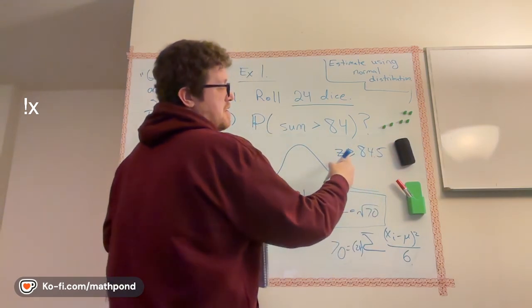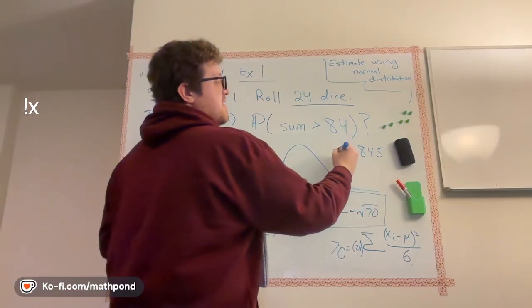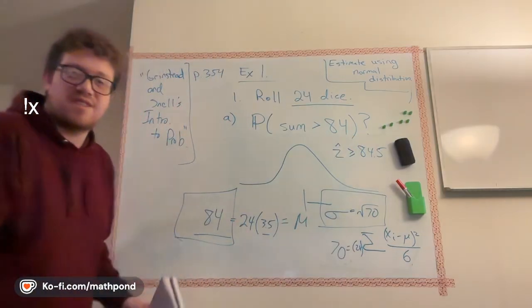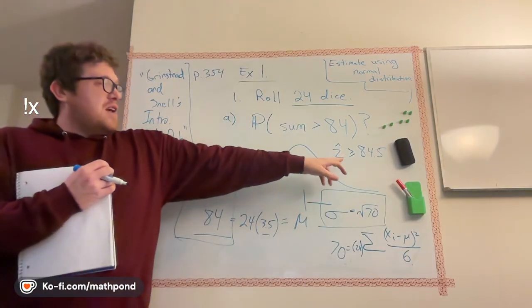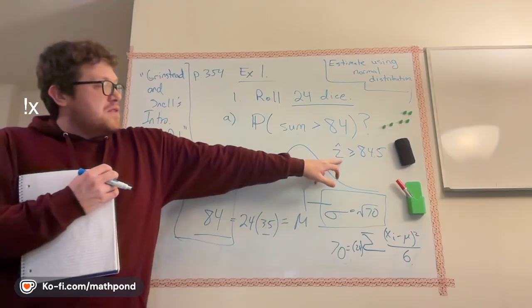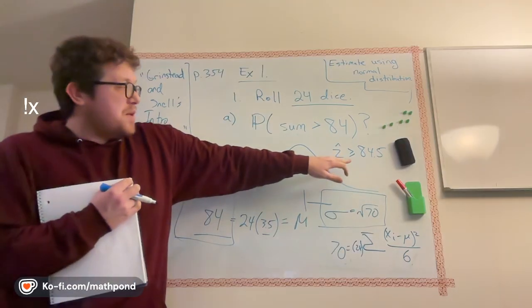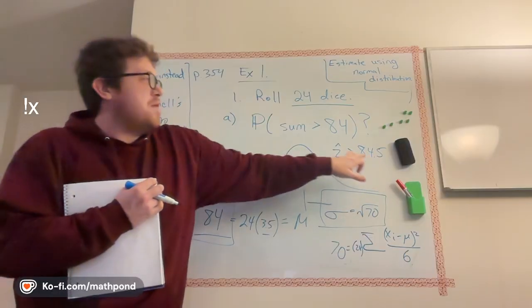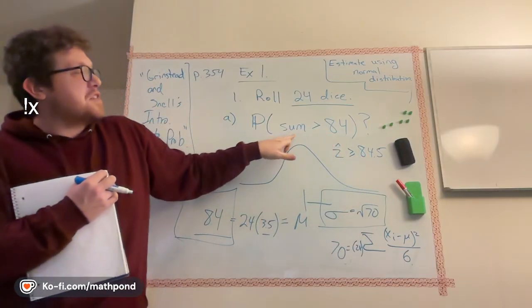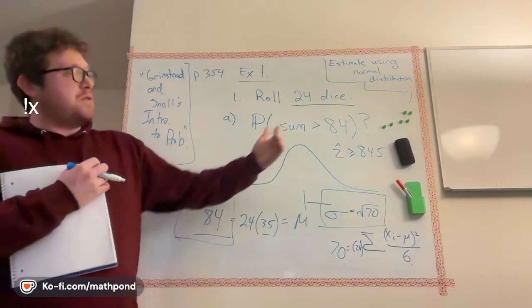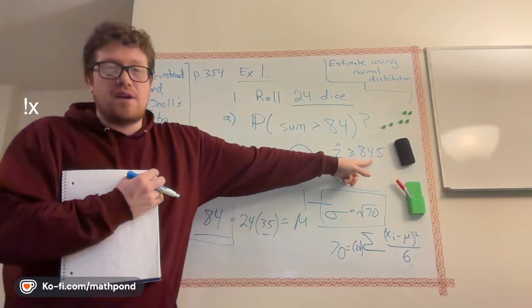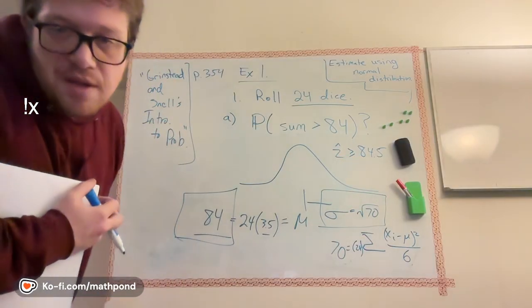I'll put z hat here just to be proper. It's not the actual z. I'll call it z hat. We want to check what's the probability that z hat is greater than or equal to 84.5, because we're checking if the sum is greater than 84, and because we're only allowing discrete values, this is like a continuity correction, essentially.